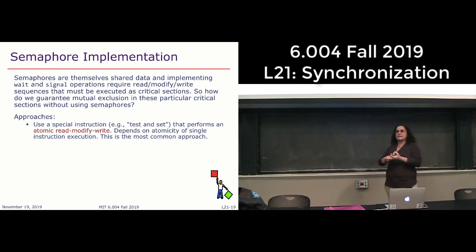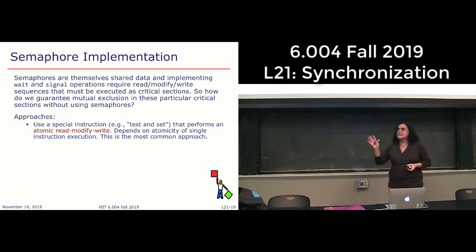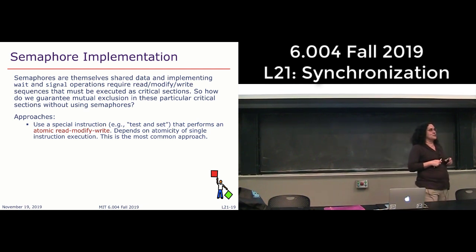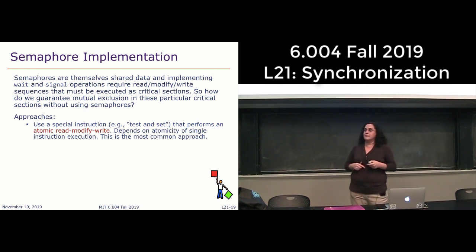Because an instruction in itself cannot be interrupted, you're essentially doing the critical section without having anything else interfere in the middle. This is the most common approach: ISAs add these special atomic read, modify, write instructions to support the atomic operations that are needed.